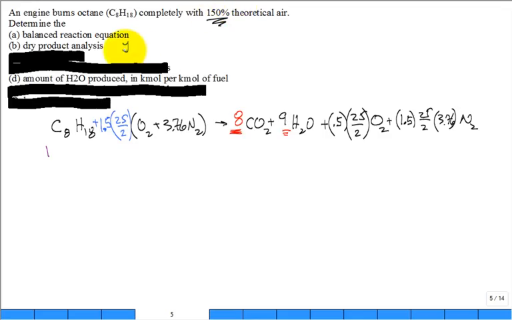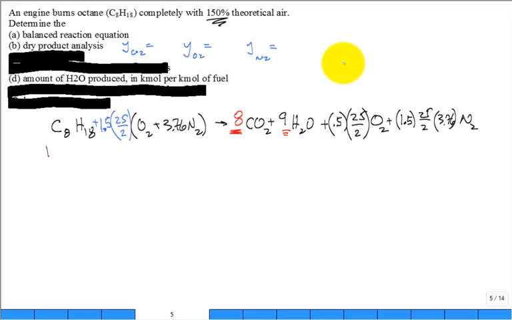They're asking, what is the mole fraction of the CO2, and the mole fraction of the oxygen and the mole fraction of the nitrogen. And if I sum those 3 mole fractions, it'll be 100% because I'm looking on a dry basis. I drop out the water. I get rid of the water, and then I do the molar analysis.